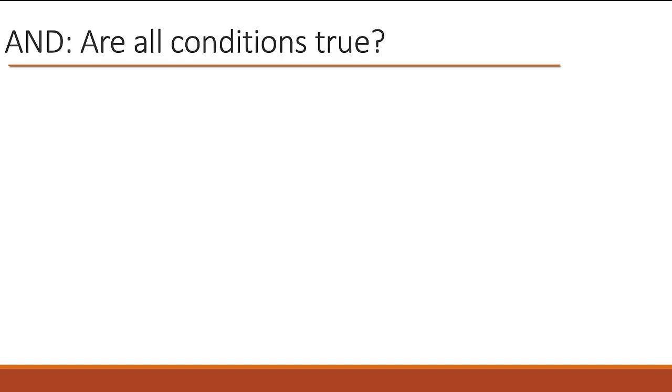The fourth function we're going to look at is the AND function. And this is what's called a Boolean operator, if you've ever encountered those before. And the syntax, we say equals AND and then we feed it a whole bunch of conditions. Whether you have 1 condition or 50 conditions, this function is going to look to see if they are all true.